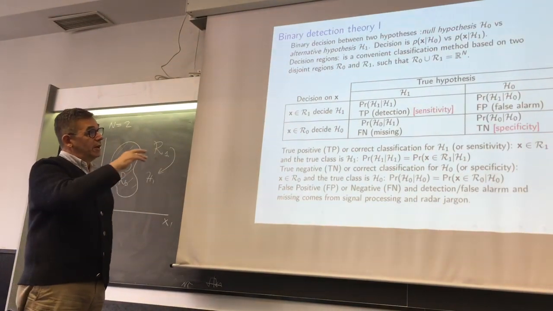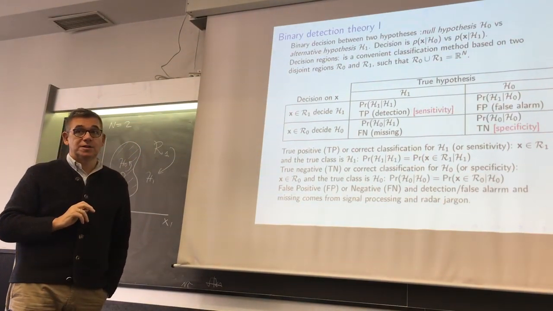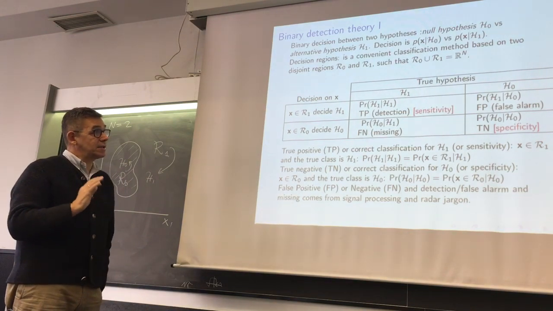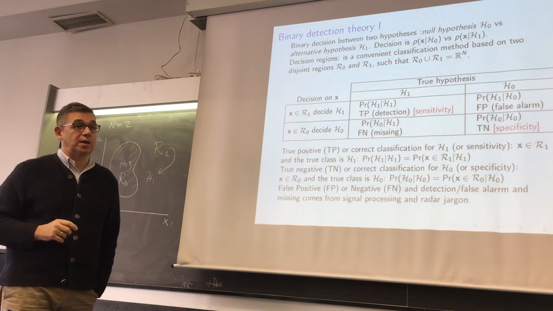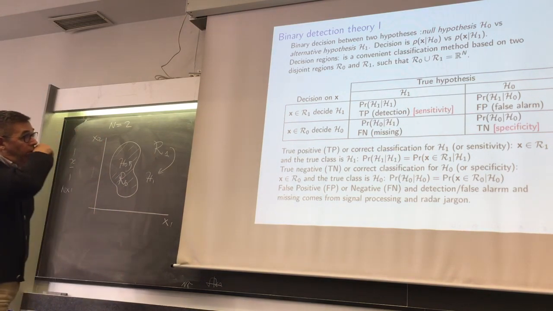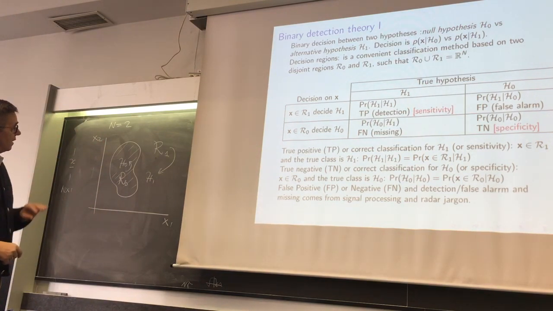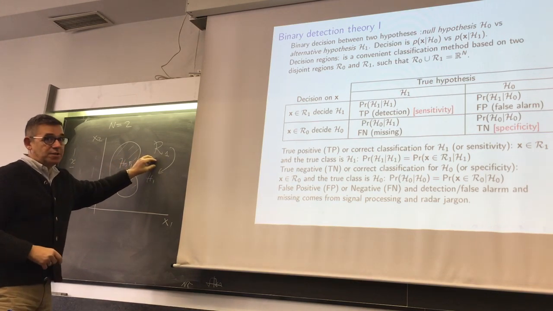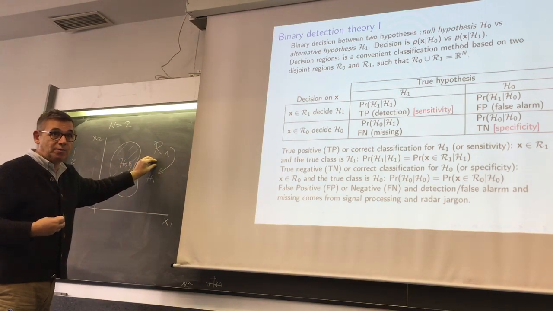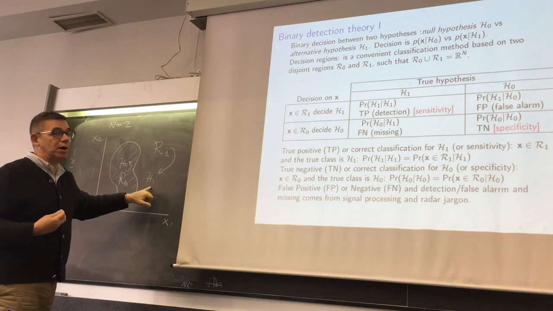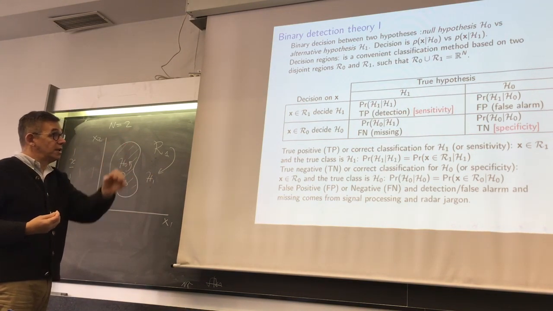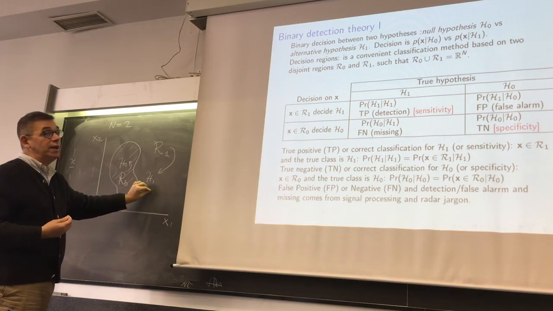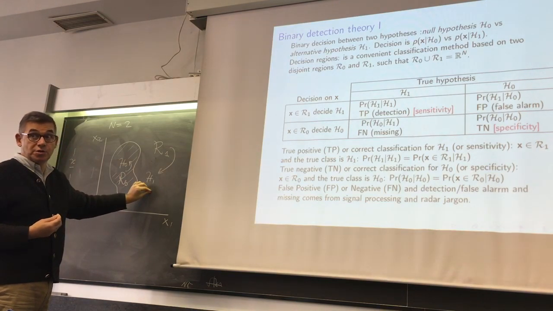So the columns of this table describe the two hypotheses, and the rows describe the decision that I made. So now, imagine that I generate data, so my true hypothesis is H1. Now, if the point belongs to the region R1, then the decision is true.